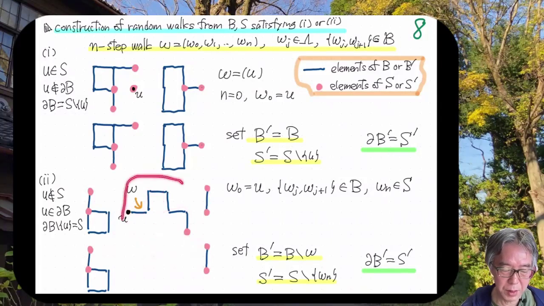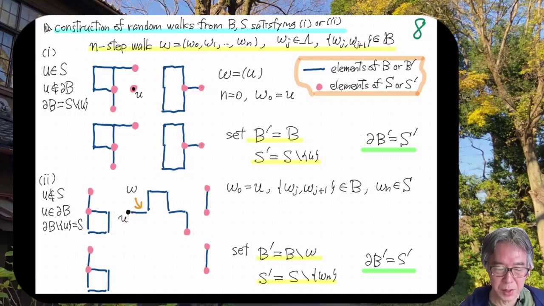So we declare that this is a random walk. This is a random walk that is constructed from this B and S. Again, these blue things denote elements of B, and these pink things are S. And this belongs to the boundary dB, but it doesn't belong to S, right? So it doesn't have any pink here.